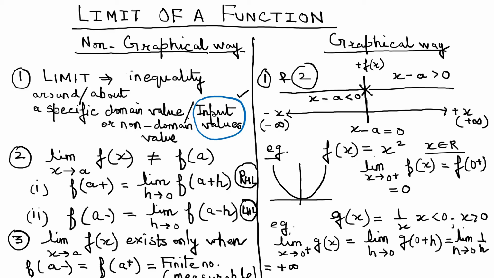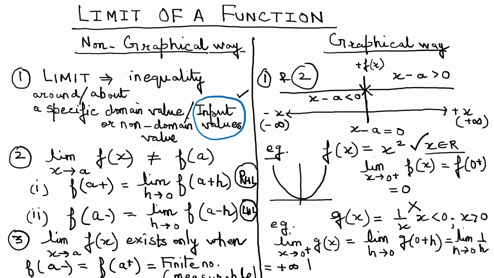So if somebody had given us a question like limit x tending to 0 of g of x, where g of x is equal to 1 by x, the answer would be it does not exist. So here in this case the limit exists. In the second case the limit does not exist, because when we are trying to find out the right hand limit, that gives me an immeasurable value.